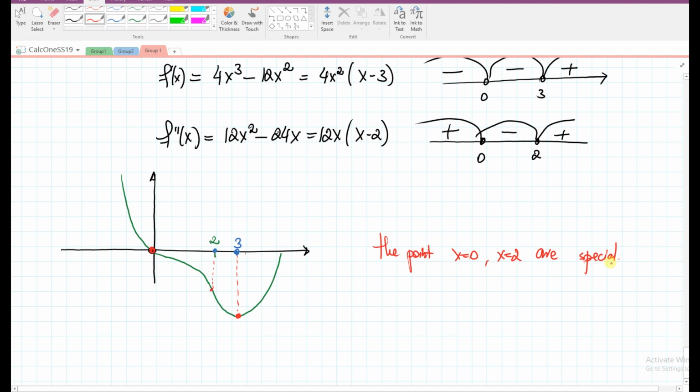They are special because at those two points, they are changing their concavity. They are neither maximum nor minimum, but they are changing their concavity. So here, at the 0, it's changing the concavity from concave up to concave down. And at this point, it's changing its concavity from down to up. So these points are called the inflection points.